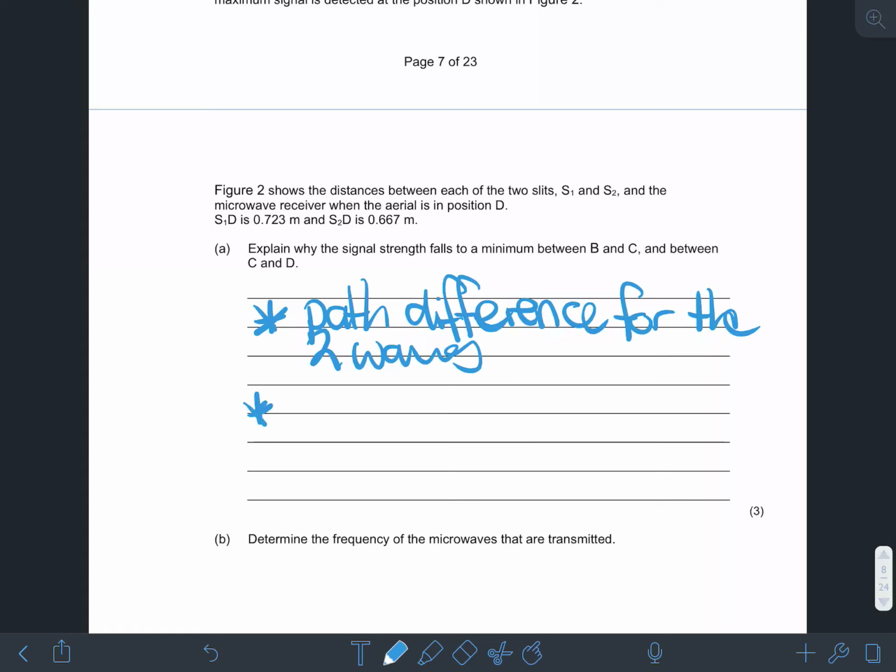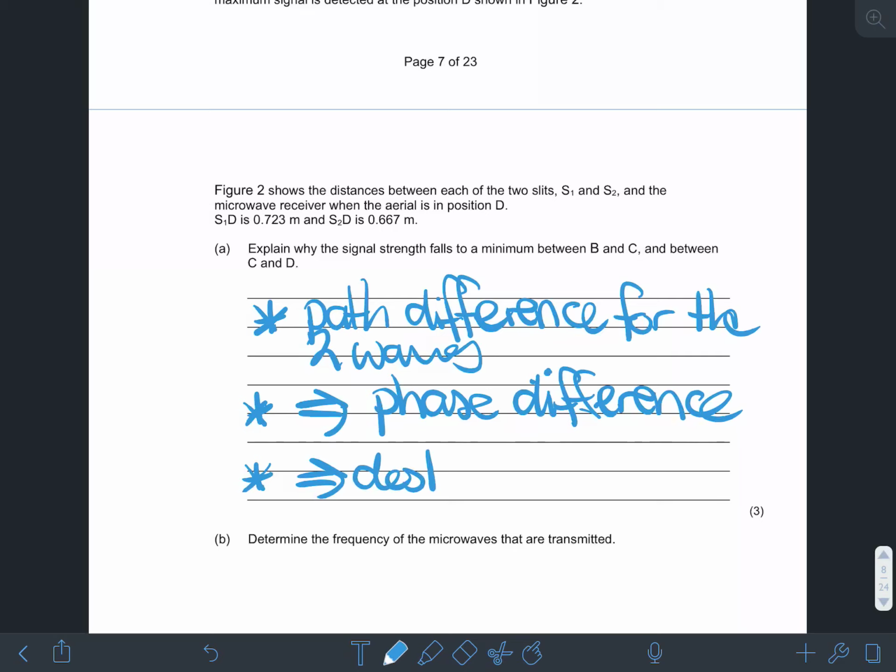What does the path difference give us? The path difference gives rise to a phase difference. Okay, so we can write phase difference. So the two waves arrive out of phase, and because they arrive out of phase, we get destructive interference.